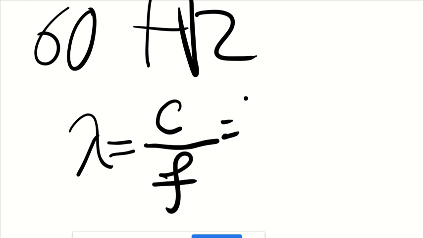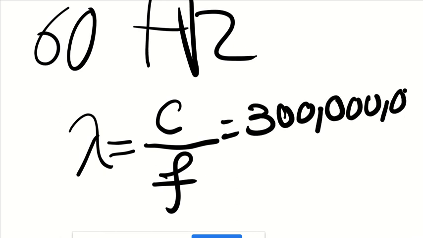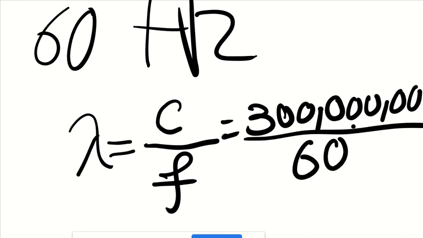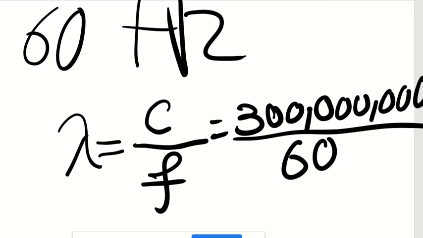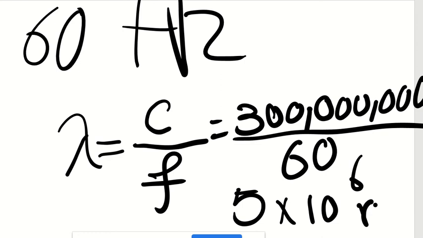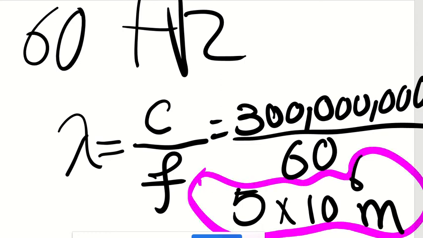Speed of light is 3 times 10 power of 8 over 60 hertz. That will give me 5 times 10 power of 6 meter. You should pay attention to this number. This is a very big number, right? It's several thousands of miles, my wavelength.